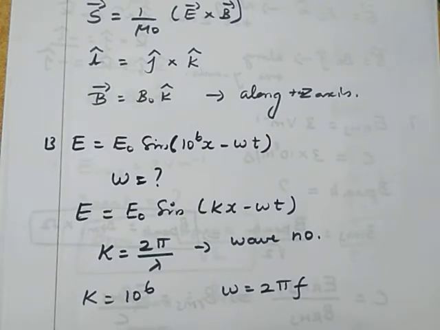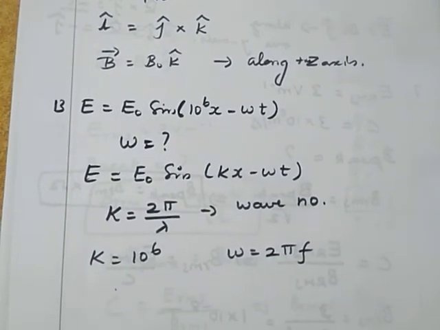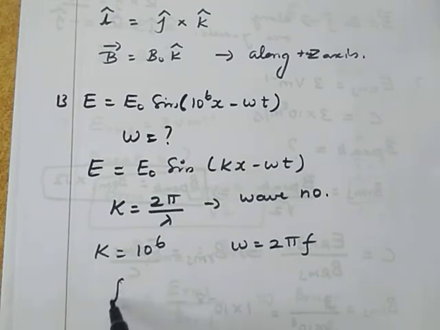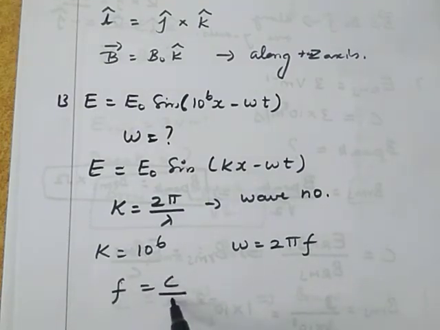It is an electromagnetic wave. So the electromagnetic wave travels with the velocity c, having the frequency f and the wavelength lambda. The equation that connects frequency, wavelength and the velocity is f is equal to c by lambda.